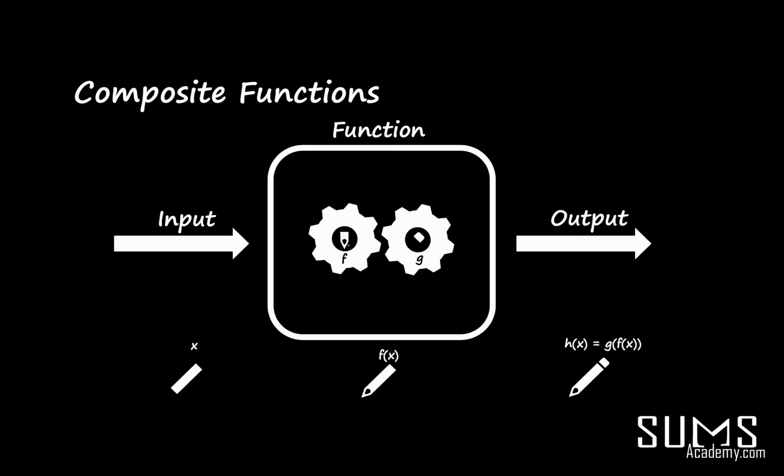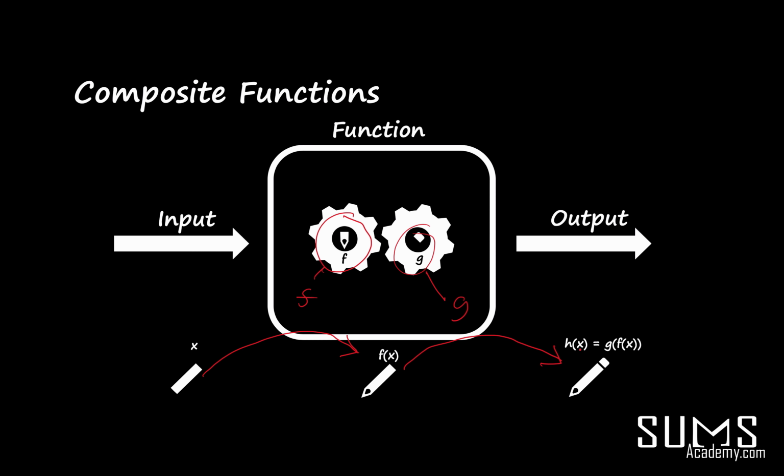So what we have here, we can think of the first stage as being F, and this second stage as being G. So what's happening is your input goes to F, and then it's having a second process worked upon it by G, and this whole function could be called something else.